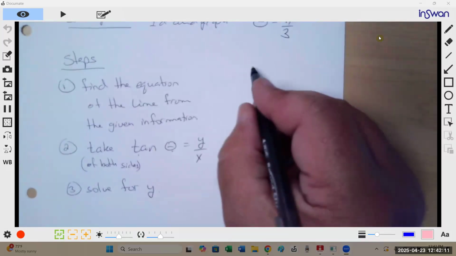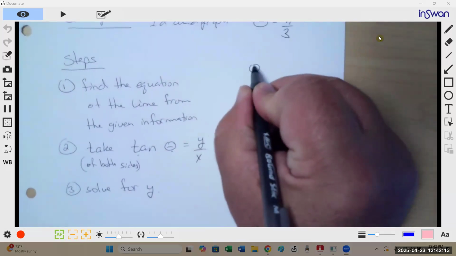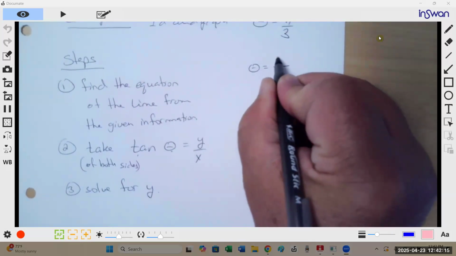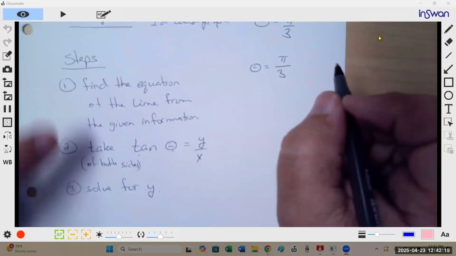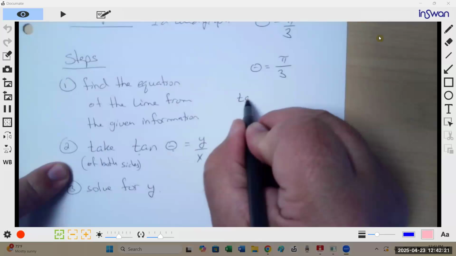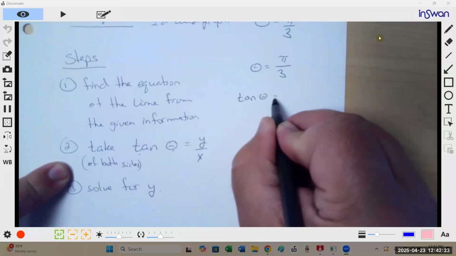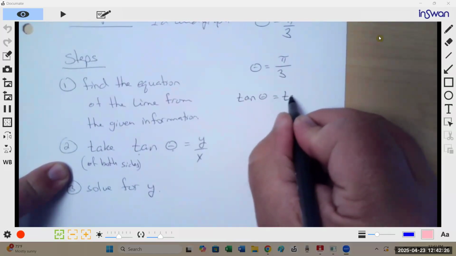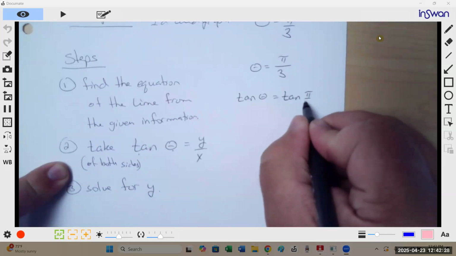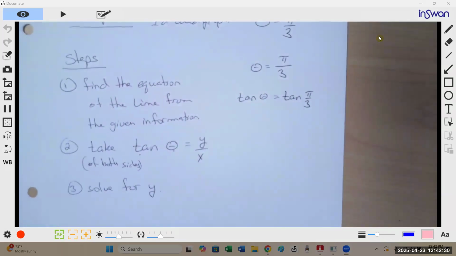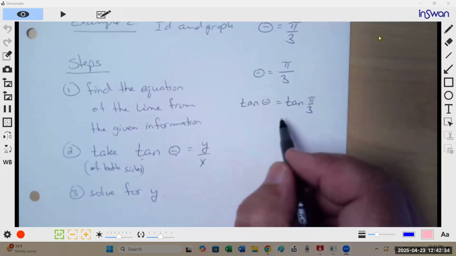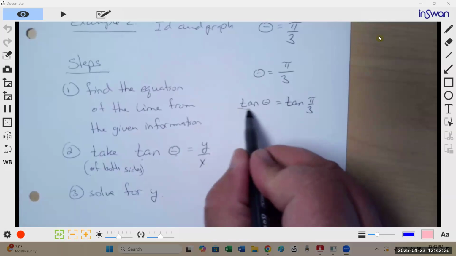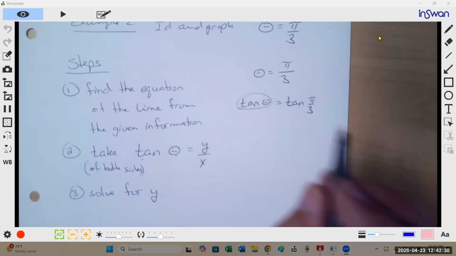So in this one, we have theta equals pi over 3. Take the tangent of both sides. Tangent theta equals tangent of pi over 3. Tangent theta is equal to what?